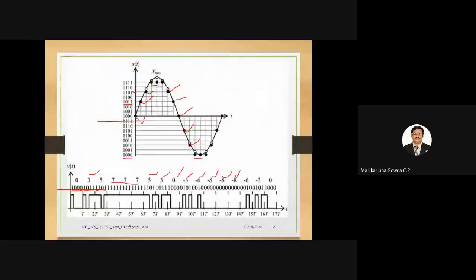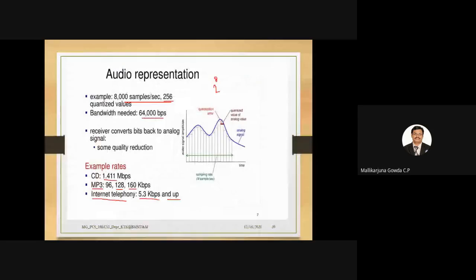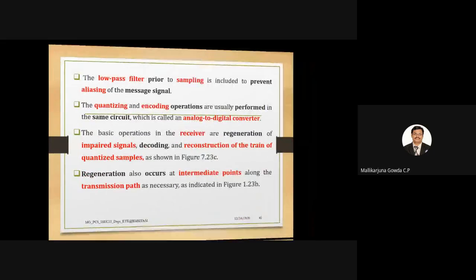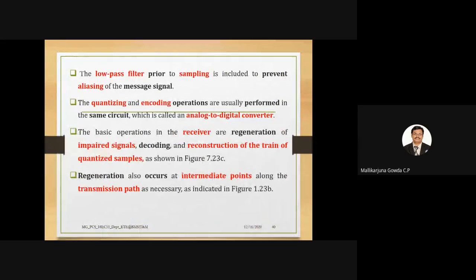Whatever I am saying now, the theory is something you already know, because we know what sampling is. Before we do the sampling, we pass the signal through a pre-aliasing filter, which is basically a low pass filter. We know why we pass the signal through that filter: to make the signal strictly band limited, so that we can avoid aliasing in the recovery of the message signal.